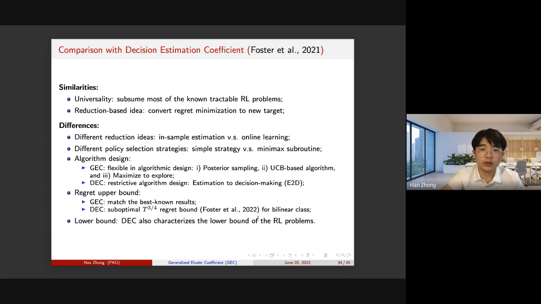So they have a new paper to discuss the DEC for the model-free classes, for example, the bilinear class. And in their new paper, their bound is T to the 3 over 4. I see. Thanks.